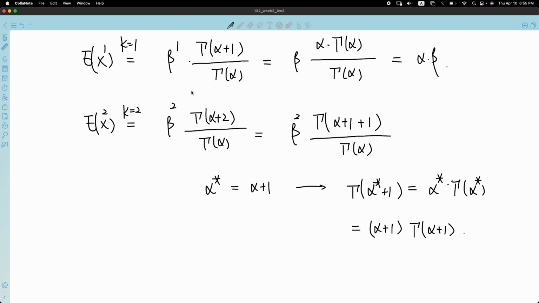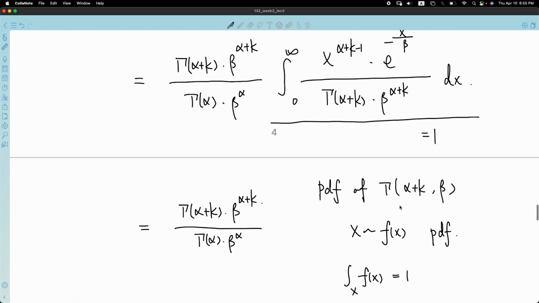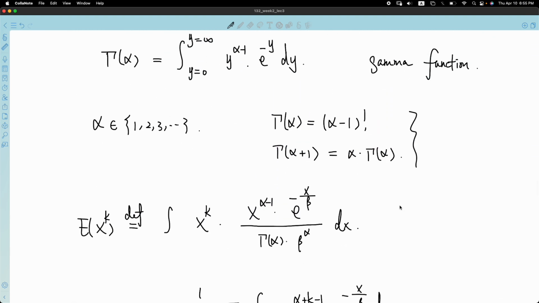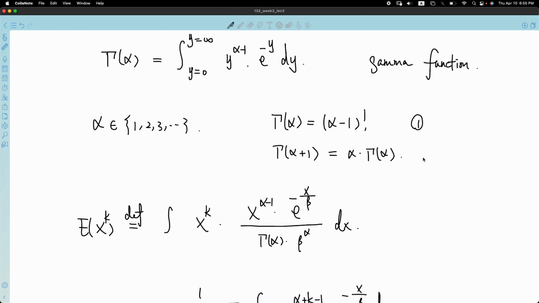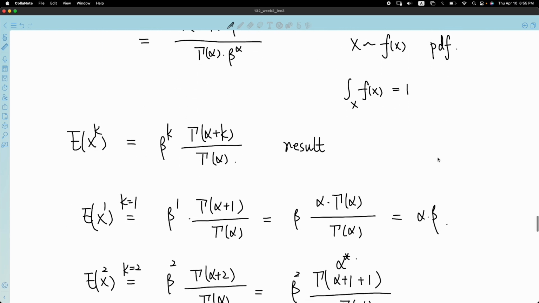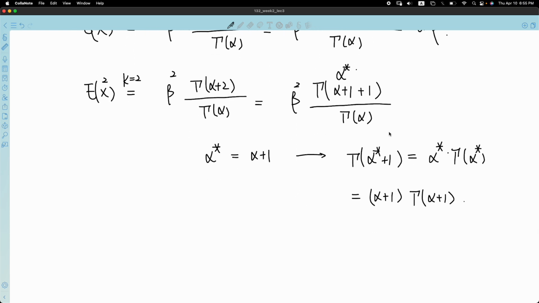Here we want to evaluate gamma function of alpha plus 2, so I write it as alpha plus 1 plus 1, and call alpha plus 1 alpha star. Let me give them numbers to make it clear: the two results are 1 and 2, and what I'm applying here is result 2.